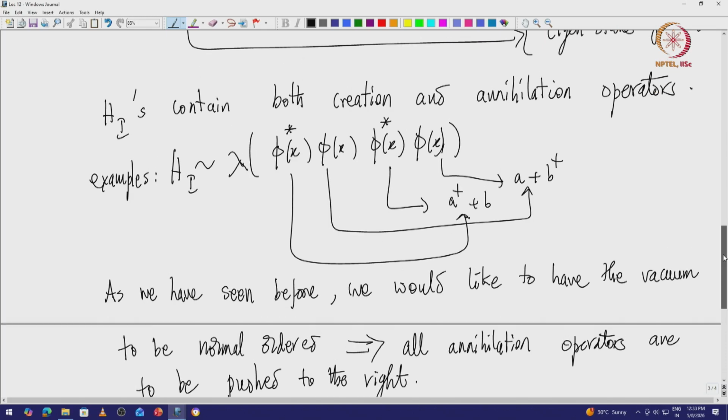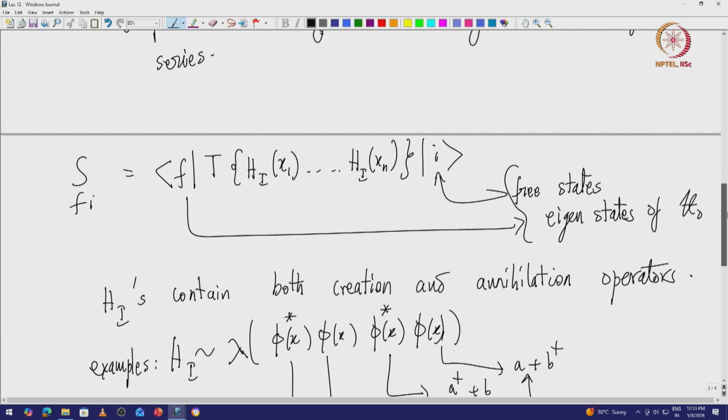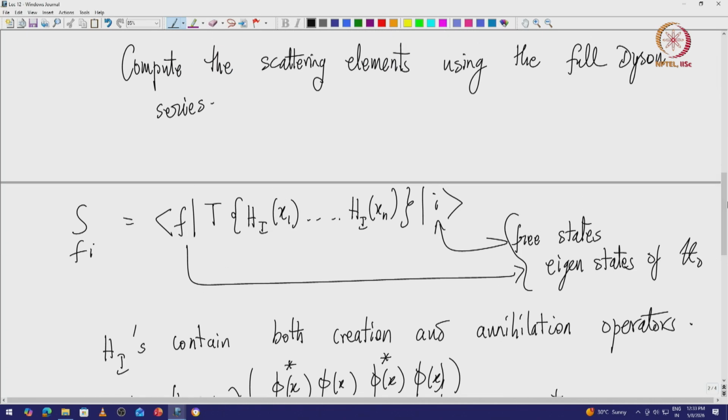But at the same time, when you try to expand everything in terms of the Dyson series, you need time ordering of the operators, because the H_I are in the interaction picture. They need to be time ordered. This we have seen, because otherwise this will lead to inconsistencies.